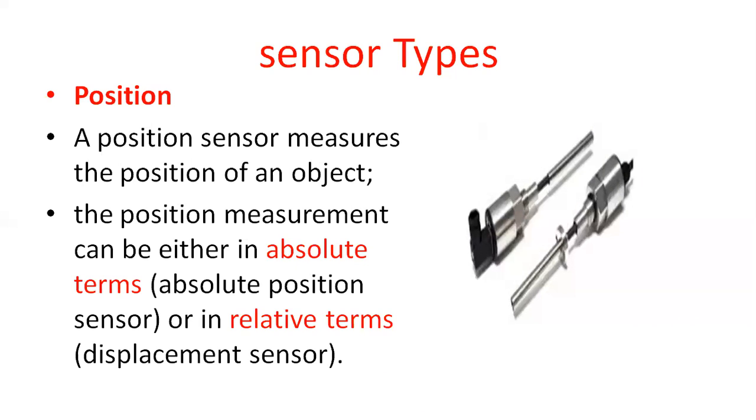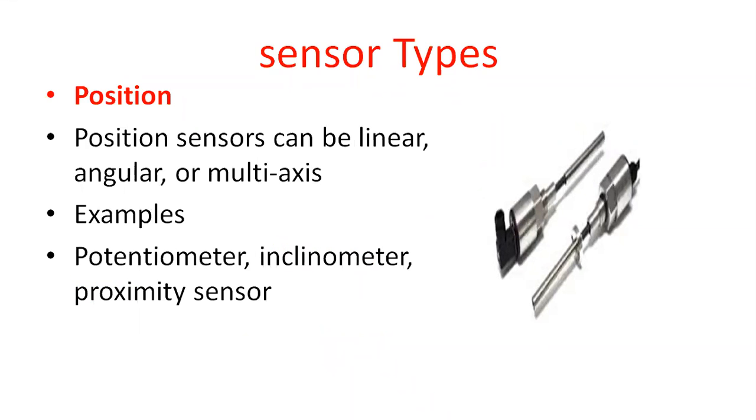The absolute number of 2.3 is 2. The relative may be different, 2.2 means 2.2. Here, the position measurement can be either an absolute term or a relative term. Absolute term means you have the absolute position sensor; for the relative term, you use the displacement sensor.